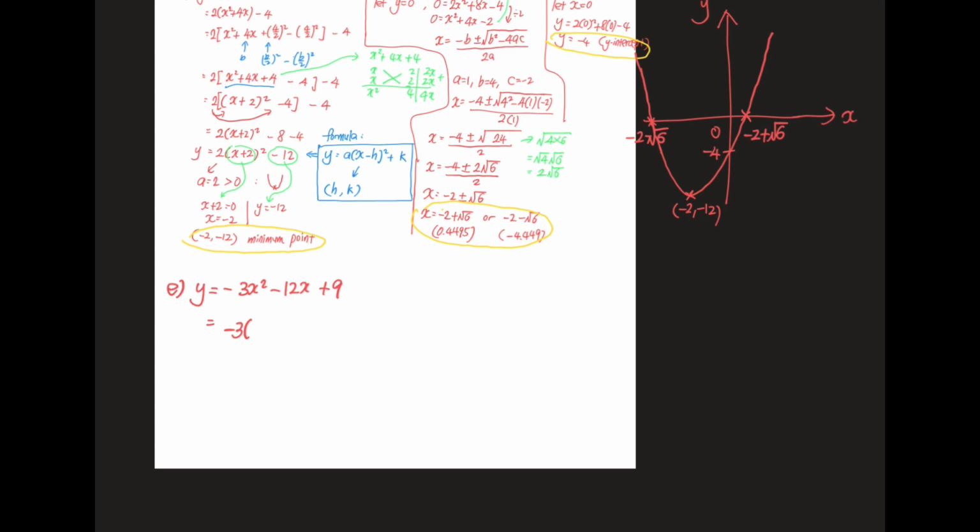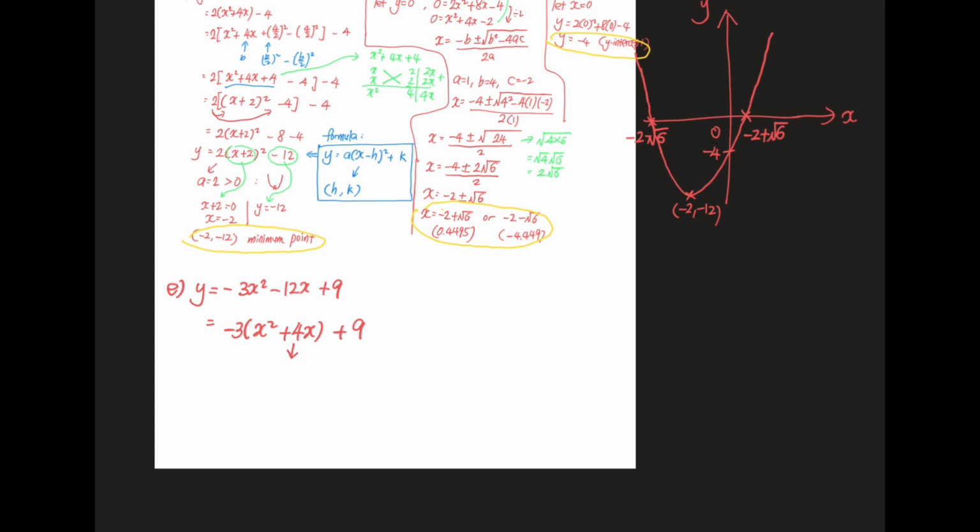Imagine you divide by minus 3, you get only x squared. Then you divide by minus 12 by minus 3, you get positive 4. The positive 9, we don't care, I'll just leave it there. So I factorize minus 3 from the first term and the second term only, and I put these two in a bracket.